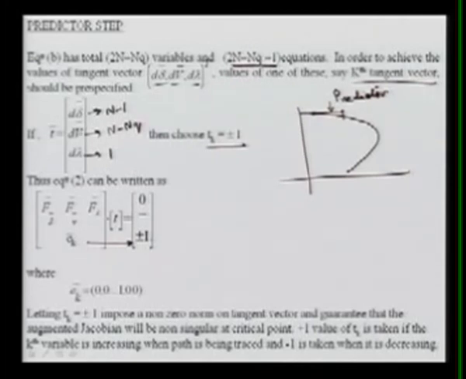Here t is the vector of change in delta, change in voltage and change in lambda, and in this equation Ek will be a vector of all zeros with only one value, 1, which is multiplied by t.